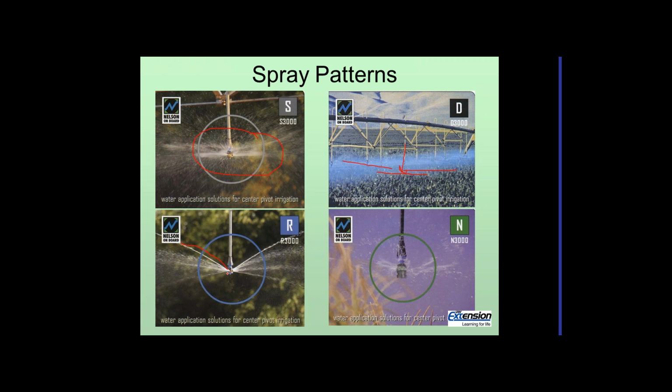This will have 2 to 4 streams of water coming out. It covers a larger area than either of the first two, but it again puts out a donut-shaped water pattern for the most part. So it works fine on a center pivot, but might not work as well on a solid set system.